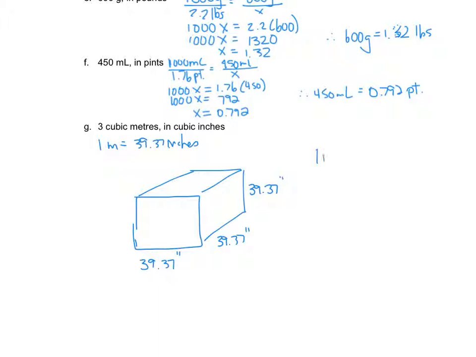So that means 1 cubic meter is 39.37 cubed inches cubed. 39.37 cubed is 61,023.38.